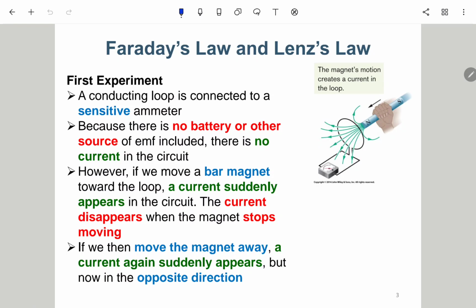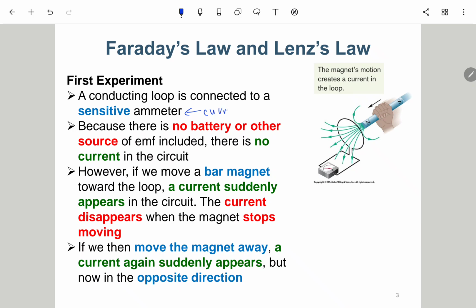Okay, so here we will talk about Faraday's law. Here is the first experiment, or the first setup. It says a conducting loop is connected to a sensitive ammeter. Ammeter means a meter that can measure the current.